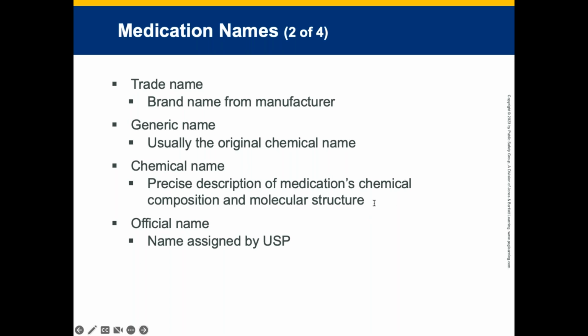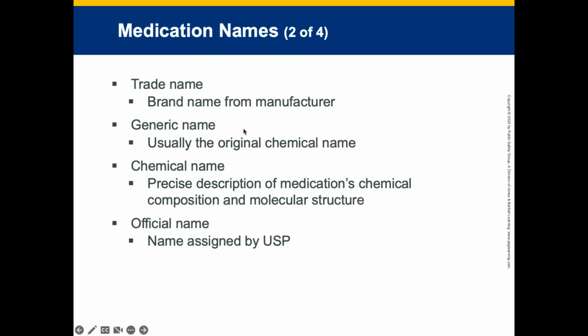A chemical name is a precise description of the medication's chemical composition and molecular structure. The official name is the name assigned to the medication by the USP, which is usually the generic name followed by USP next to it.